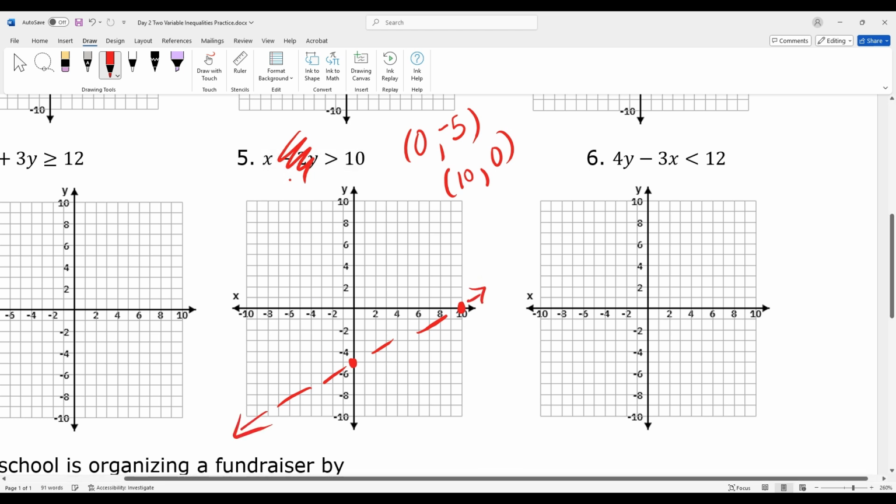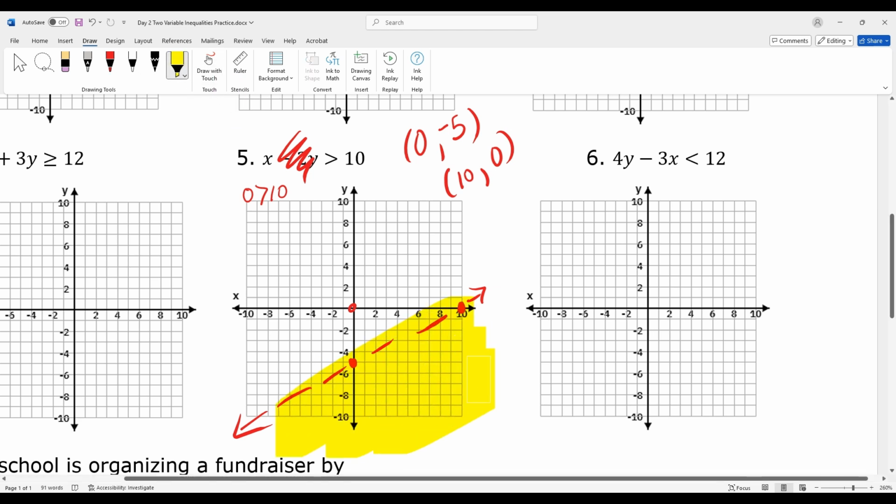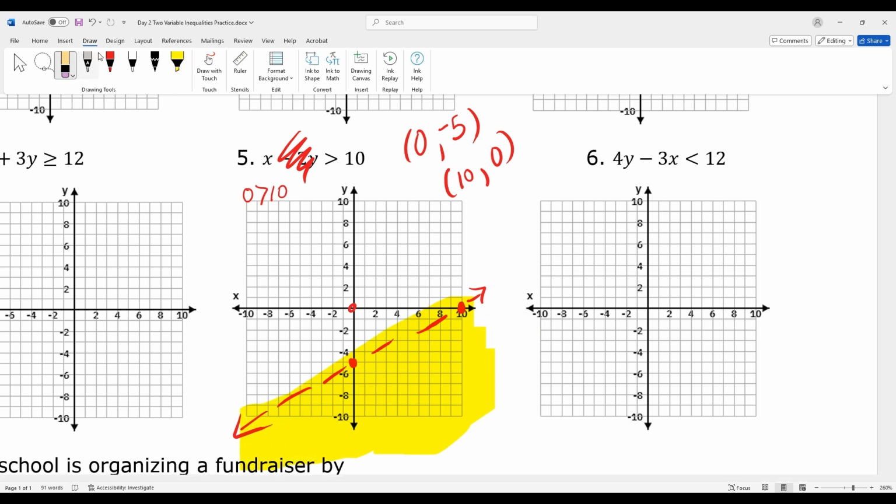Now, I want you to think, if I plug in 0 for x and y, that would give me 0 greater than 10. Is 0 greater than 10? No. So we want to shade the other side that does not have 0, 0.